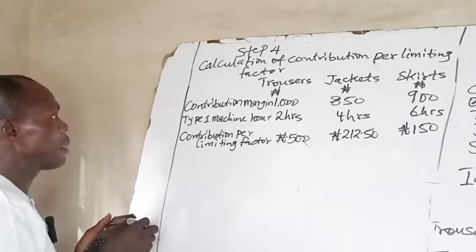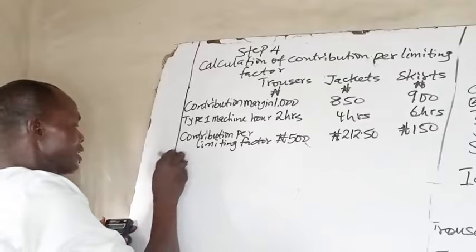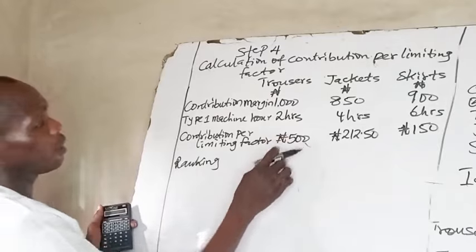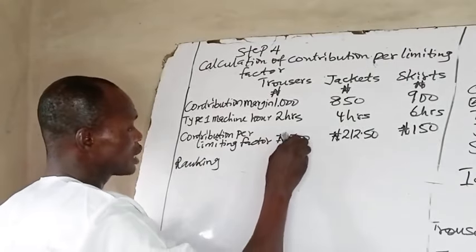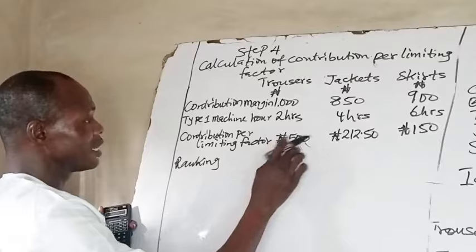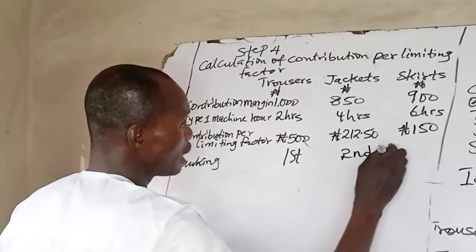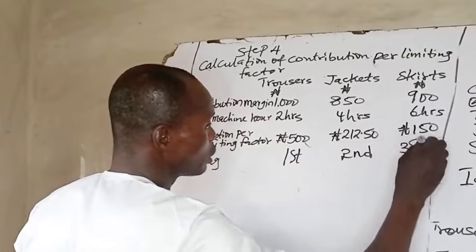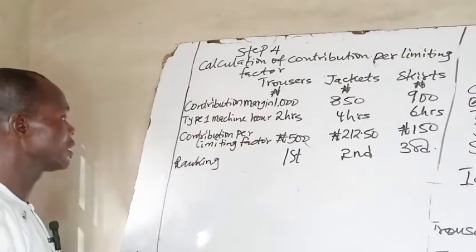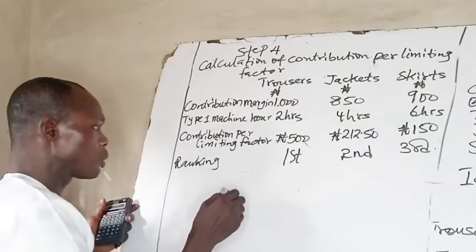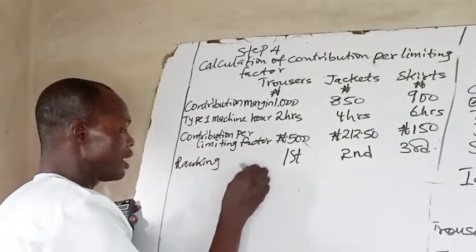So the next step is to rank it. Let's have our ranking. This is the highest one, which will take the first position in the ranking. This is the next one to it. It will take second position, while this will take the third position. Then the next step is the allocation. Step 5 now.